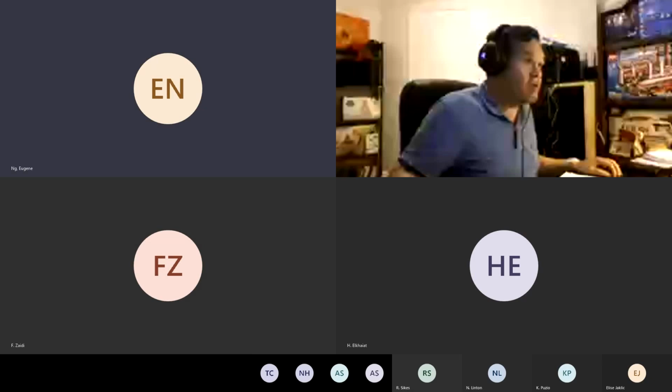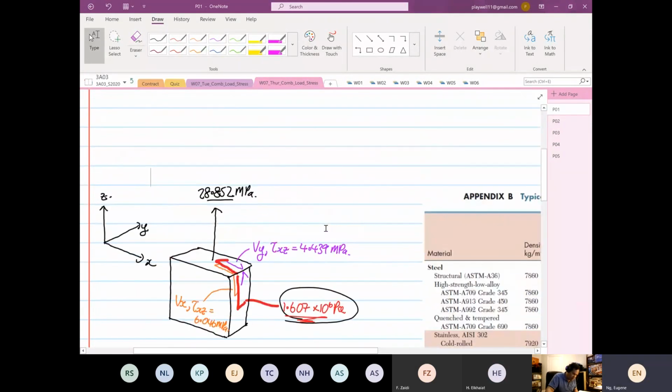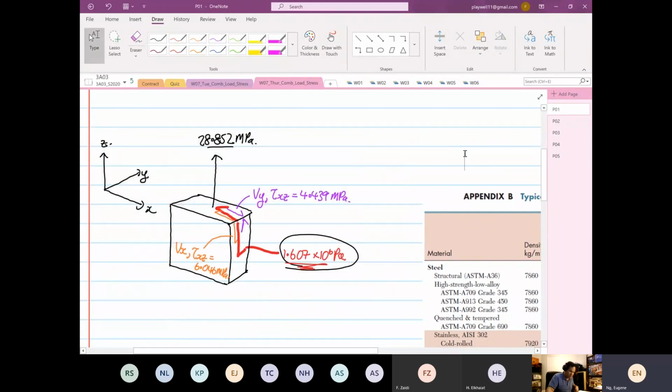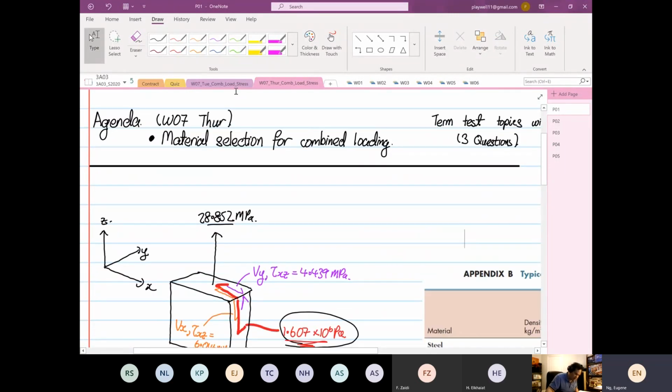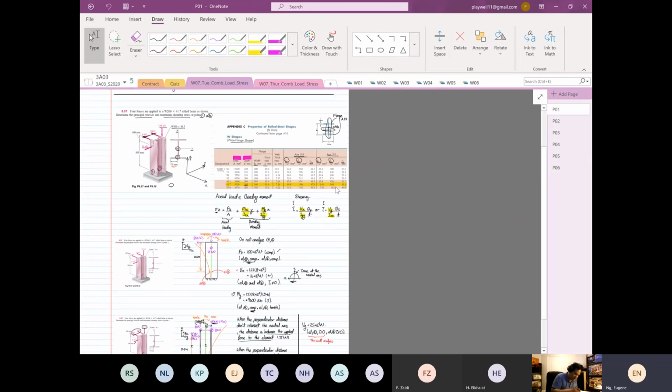Okay, so today we're going to talk about material selection for combined loading. Where we finish off, this is our element A. Just to quickly recap, in the last lecture we analyzed a structure like this.